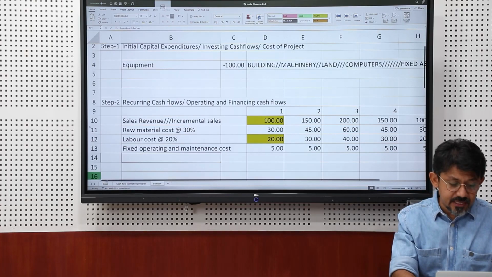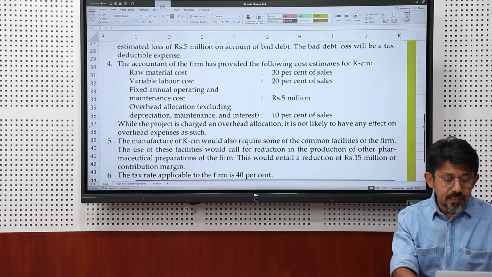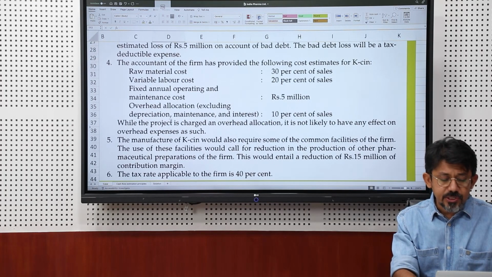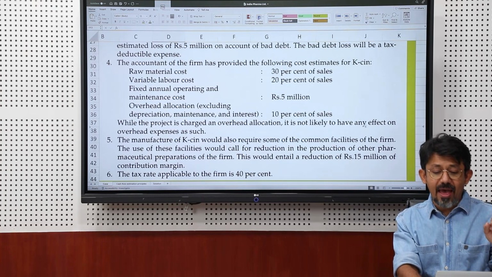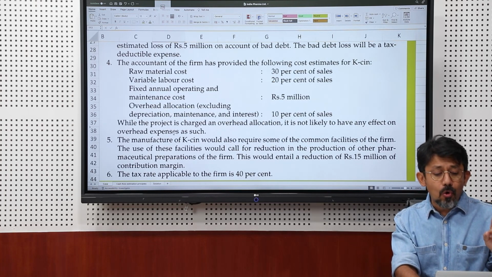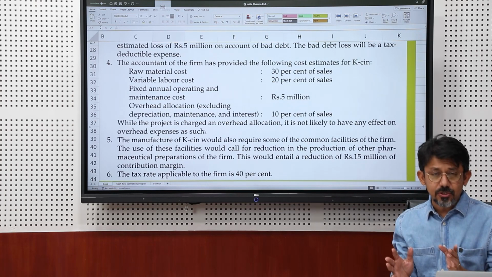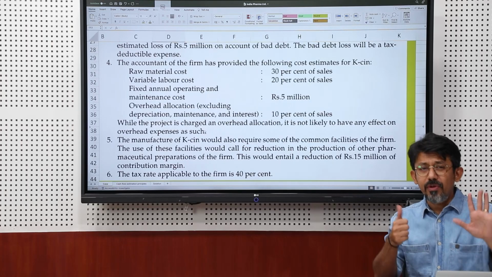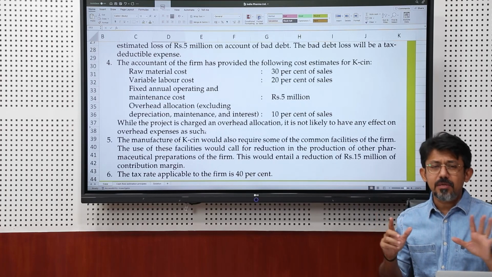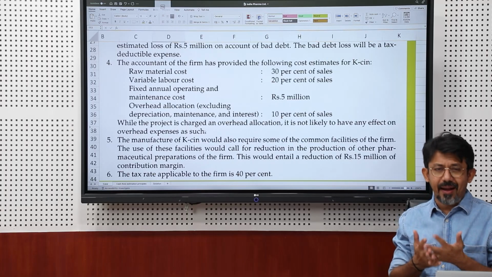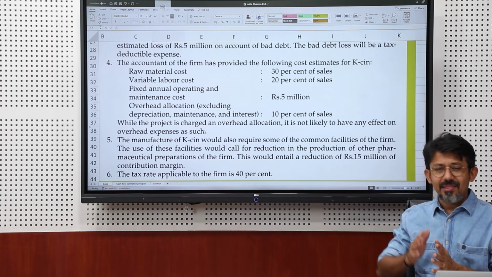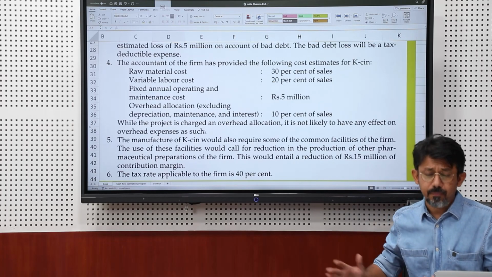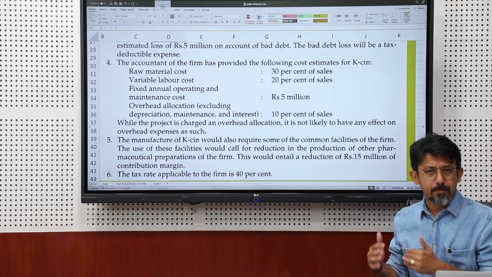Now, if you read the case carefully, it says while the project is charged an overhead allocation, it is not likely to have any effect on overhead expenses as such. So, because you are moving from 16 to 17 products, you will obviously allocate rent to all 17 products rather than 16 products. That is the costing concept. Find out the cost of the product properly.